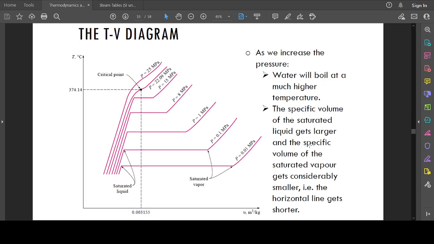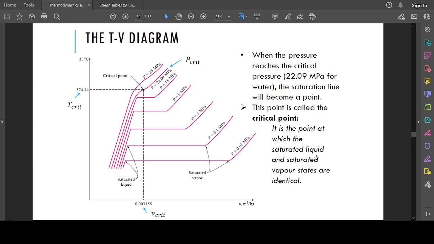Another thing to notice is that the saturated liquid-vapor mixture region, which is the horizontal line here, diminishes as the pressure of the system increases. So if you are boiling liquid at a higher pressure, the period where the saturated liquid and saturated vapor exist in equilibrium will be reduced due to the increase in pressure.